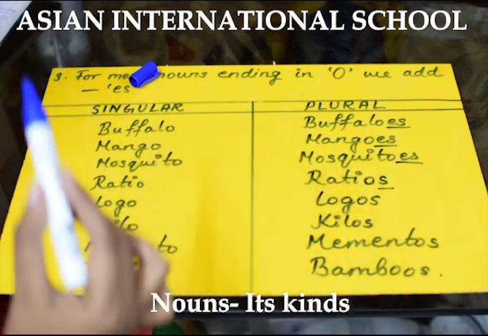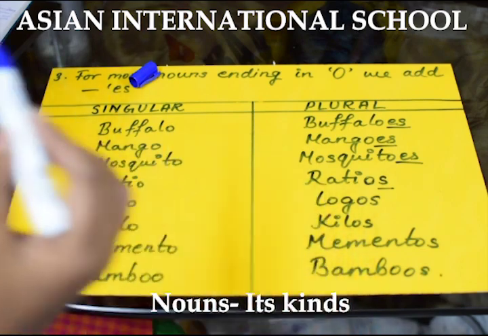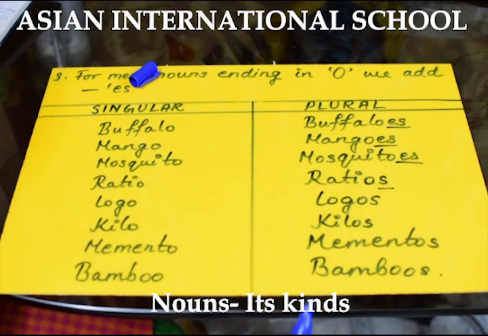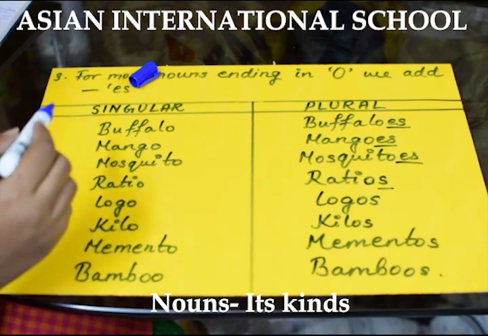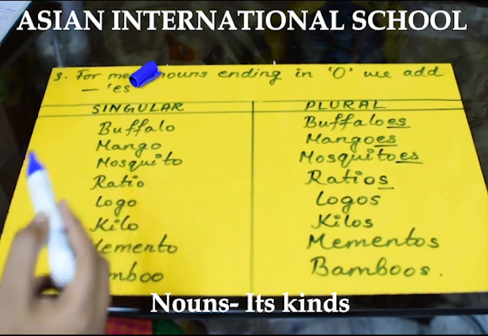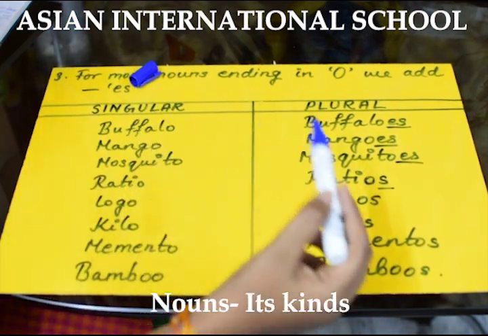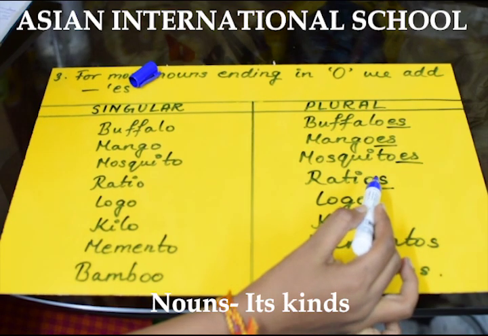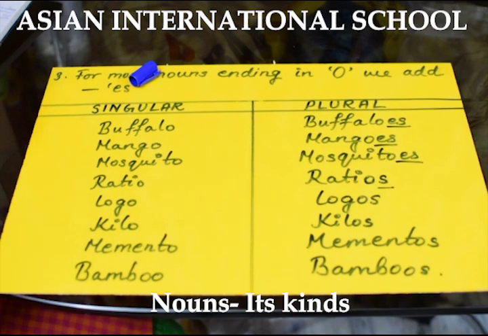Logo, logos. Kilo, kilos. Memento, mementos. Bamboo, bamboos. Here you see that in the first 3 words we have used es, but in the next 5 words we have just used an s to change the word into its plural form.